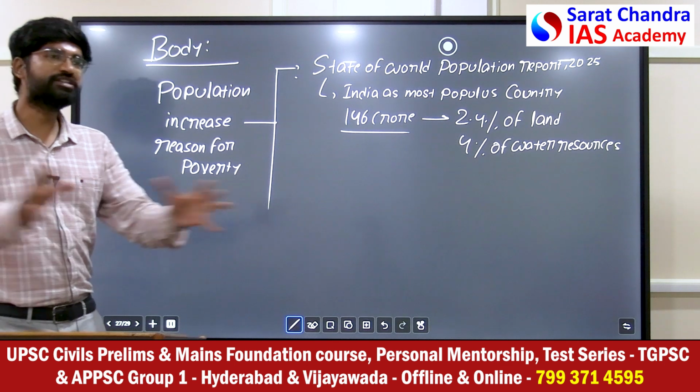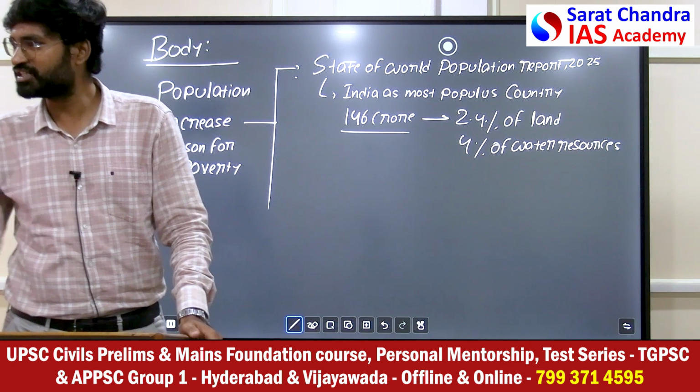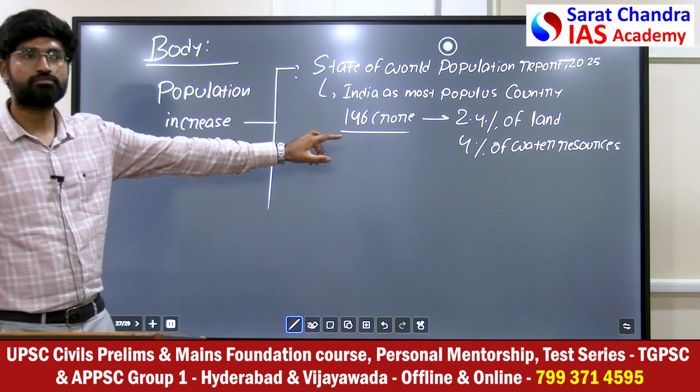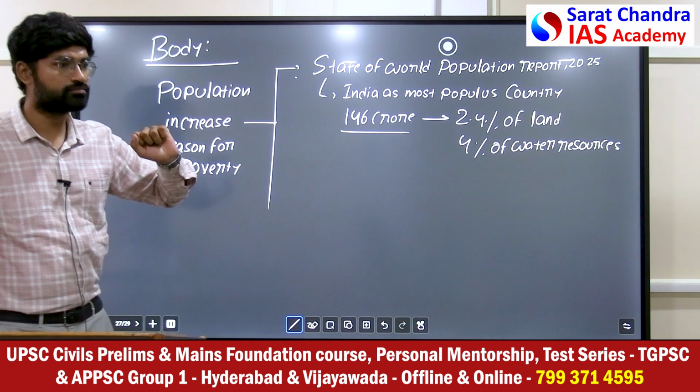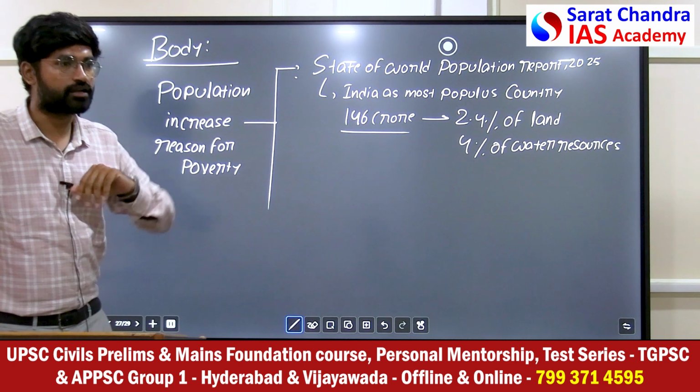Because the population is increasing, land I can't increase, water I can't increase, that's limited. How can you sustain the population with the same limited resources? So that's how it will perpetuate poverty.